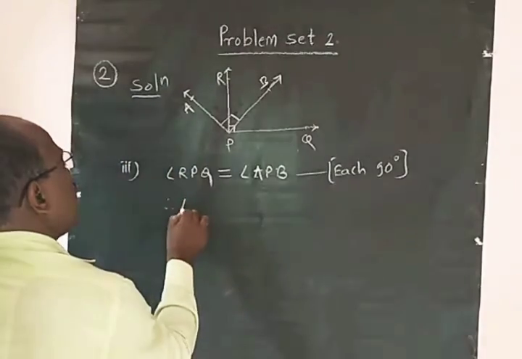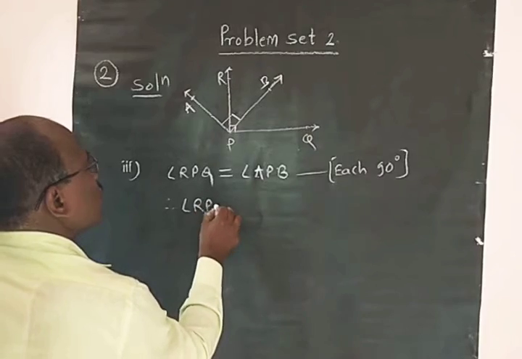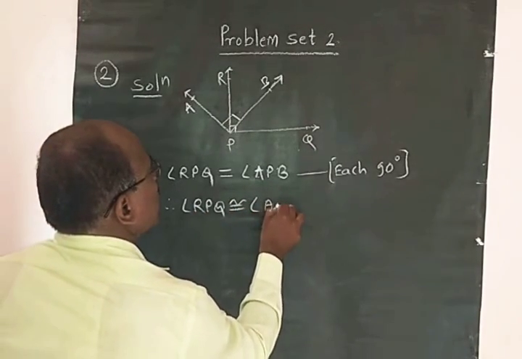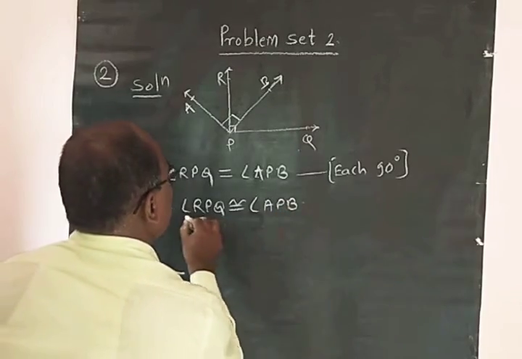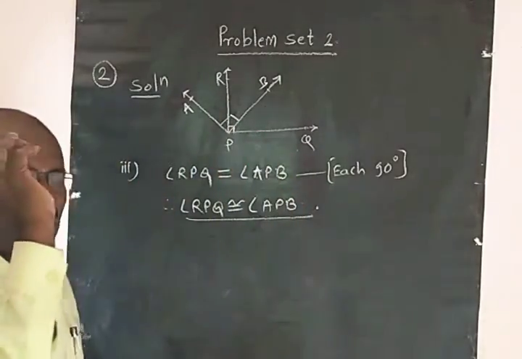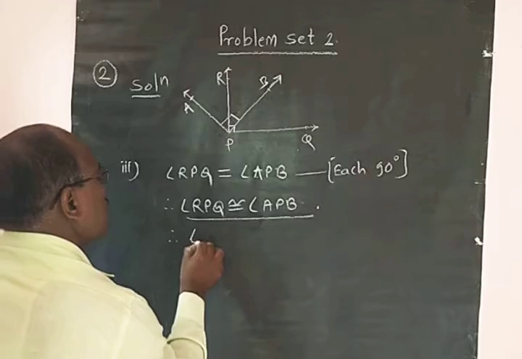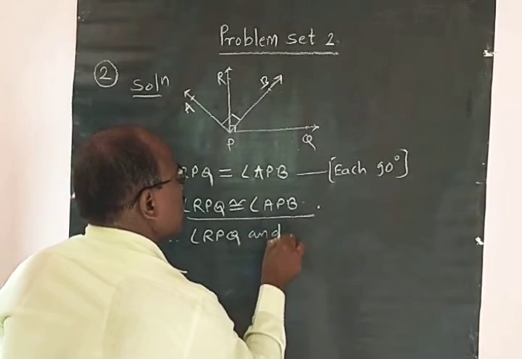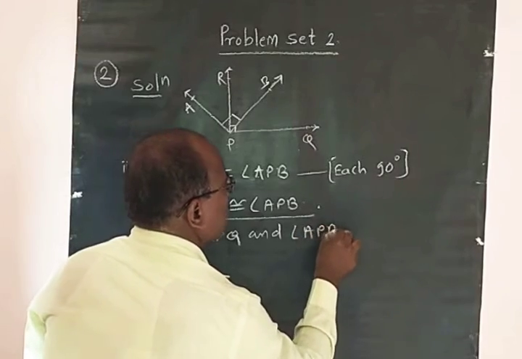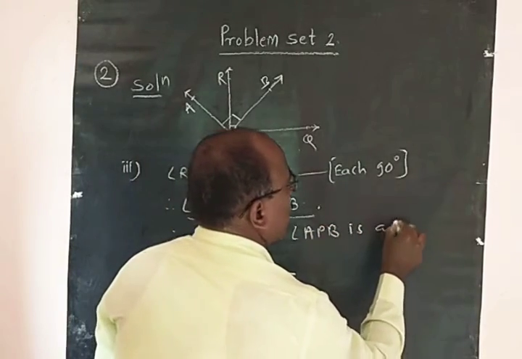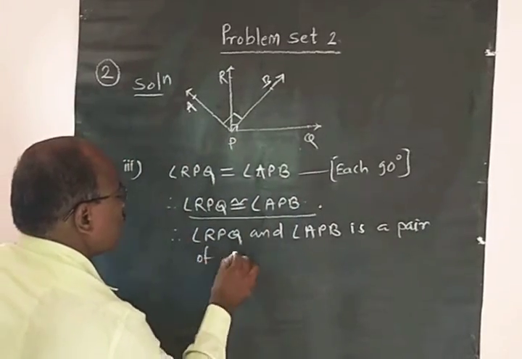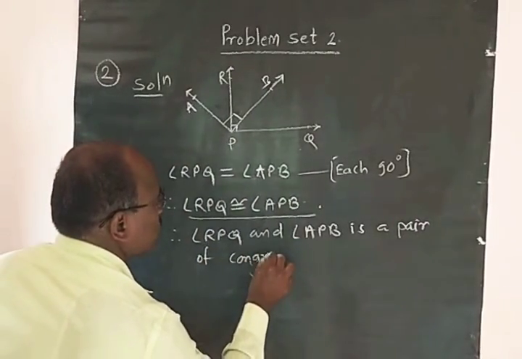Therefore angle RPQ is congruent to angle APB. It is the pair. Therefore angle RPQ and angle APB are a pair of congruent angles.